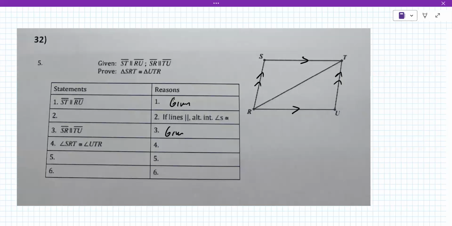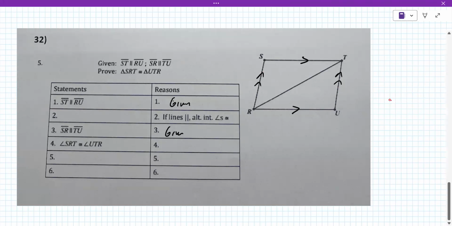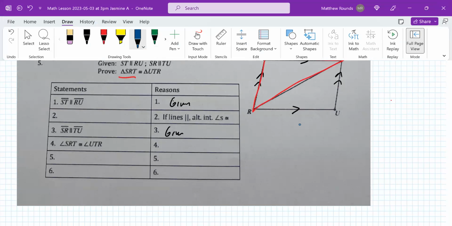Now, if the lines are parallel, alternate interior angles are congruent. We've got to be careful here about what angles. We really want to draw the triangles we're trying to show are congruent. So we're trying to show that SRT is congruent to UTR.